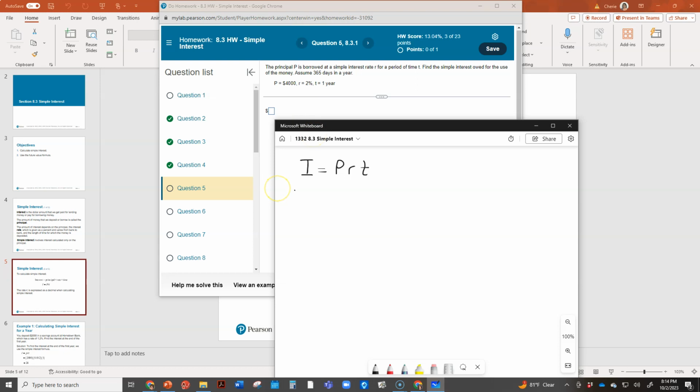So we're just going to plug in I equals 4,000 times your interest rate, which obviously has to be written as a decimal. So 2% is 0.02, and then times 1 year. It says assume there are 365 days in the year.